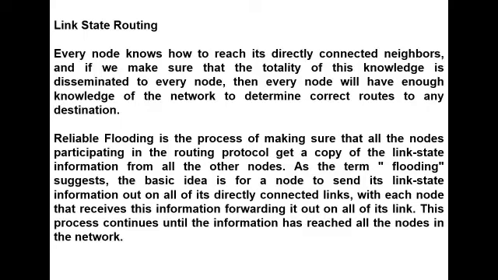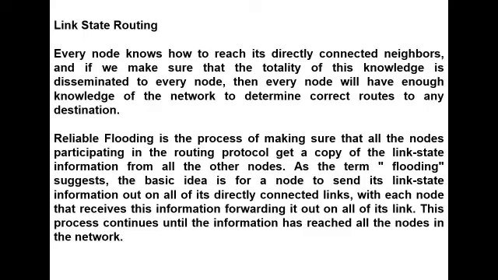Although when we listen to this, we find it similar, there is a very small difference, but it makes a huge difference between these two. In link state, the router informs the whole network about its neighbors' details, and in distance vector, the whole network's information is shared with the directly connected neighbors. So in this way these two algorithms are different.